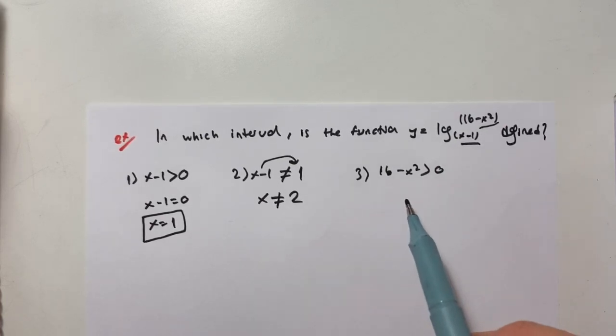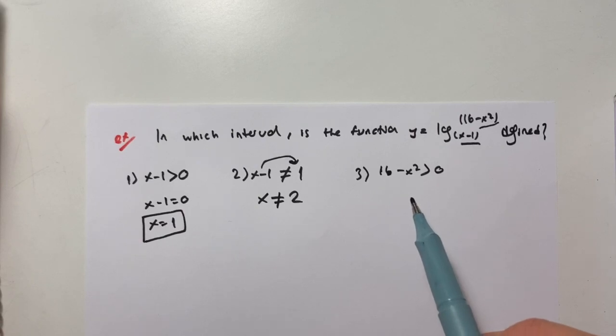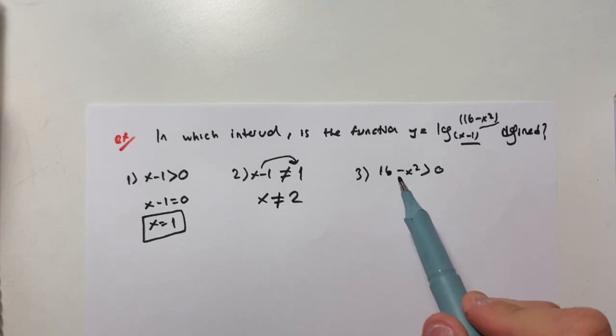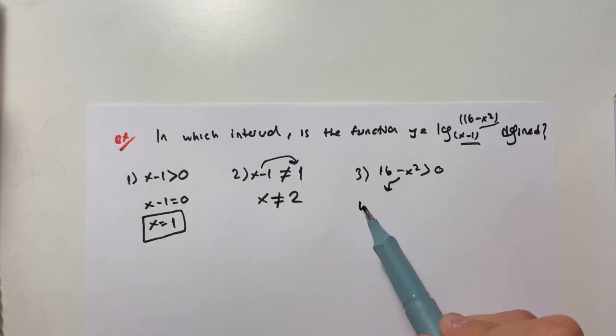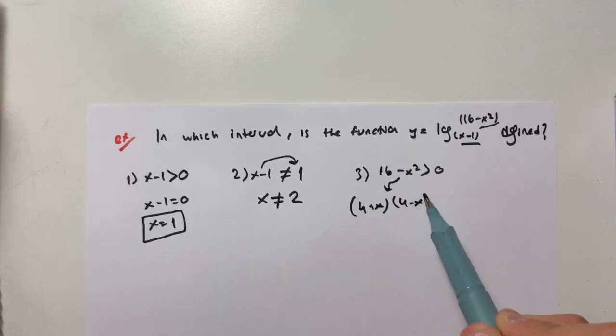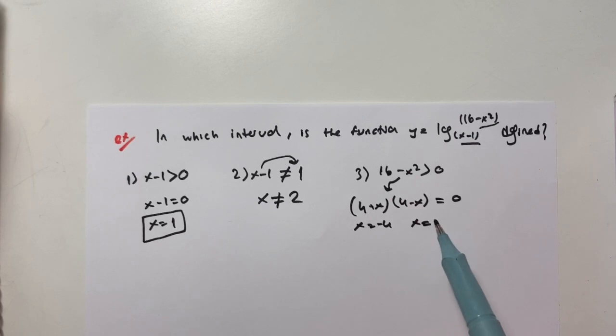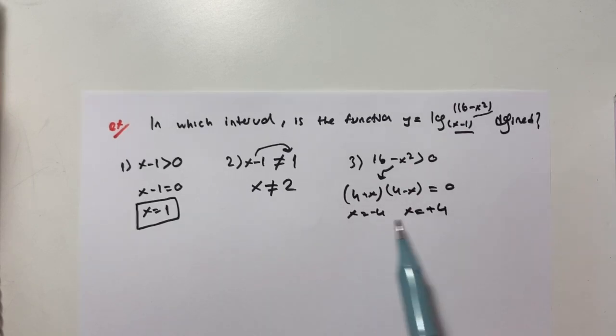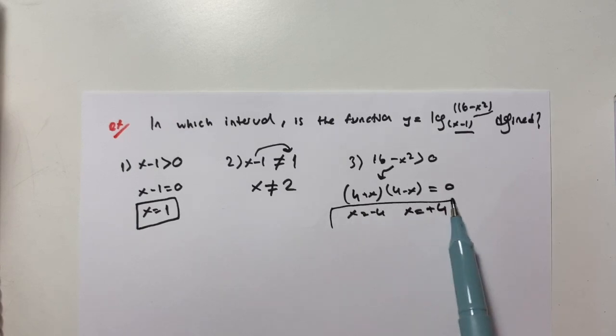And for this part, we are going to solve it with inequalities. If you don't know inequalities, you have to learn that for this topic. We can rewrite this as this. And these are our second and third roots. And let's create an inequality chart.